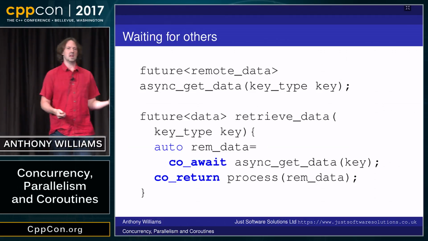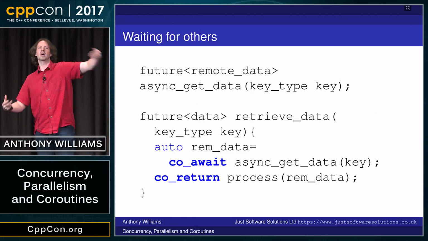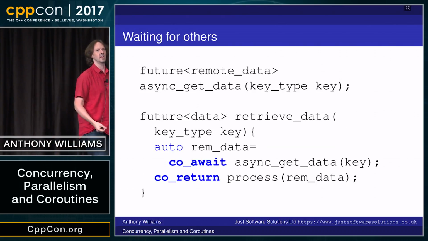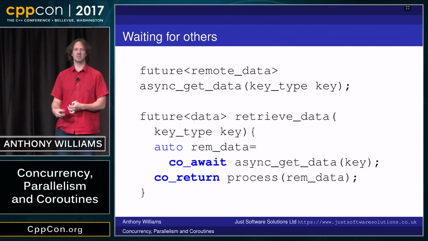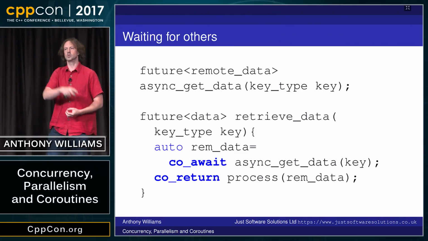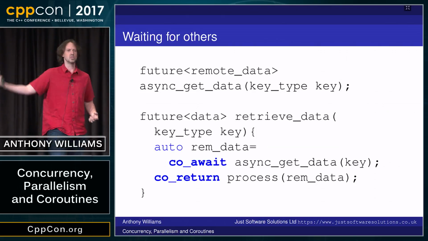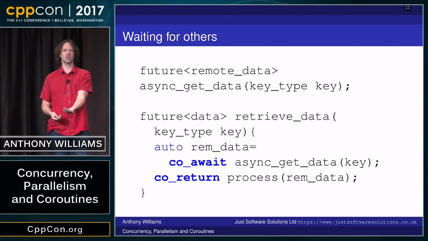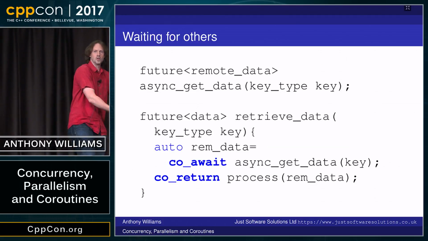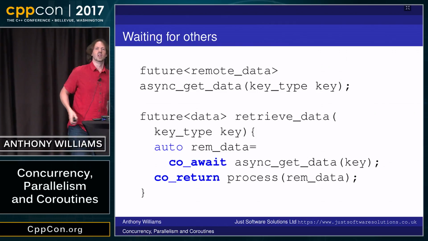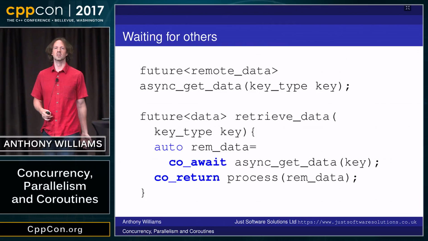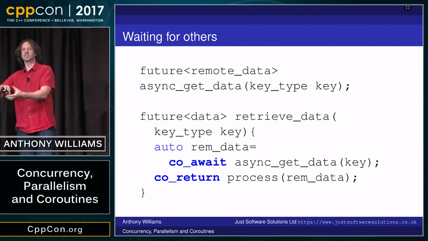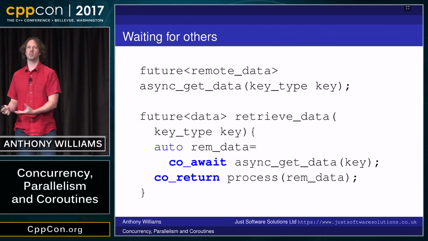And if it was a coroutine that returned that future, and the coroutine got suspended because the future wasn't ready, then when you wait for the future, it will check, depending on how the library's been implemented, and make sure that the coroutine gets resumed, and when the coroutine is finally finished and the data has been returned with that co-return call, then the future will become ready and the code that's waiting for it will finally return. So this provides a means of meshing coroutines with code that uses futures, like from standard async or from a standard promise.